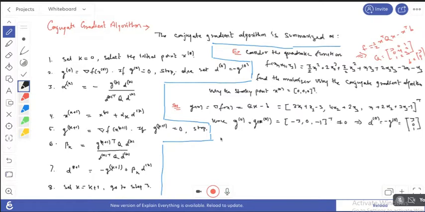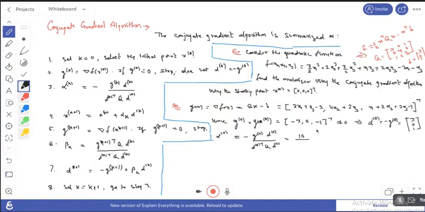Now you have to find the next one, alpha 0. What is the value of alpha 0? Alpha 0 is minus g0 transpose d0 over d0 transpose Q d0. If you multiply d0 and g0, minus 3 and 3 gives minus 9, and minus 1 and 1 gives minus 1, so minus 10, and with the minus sign that becomes 10 here.